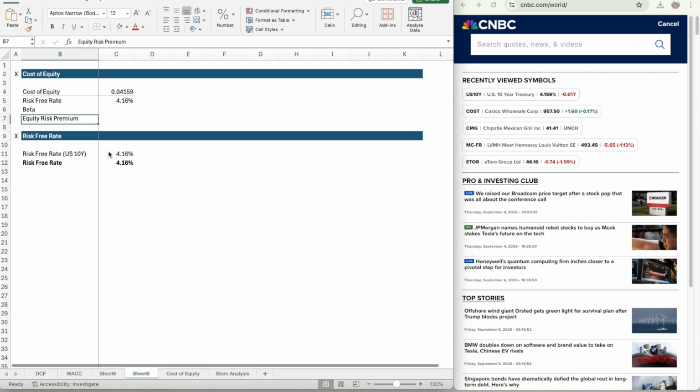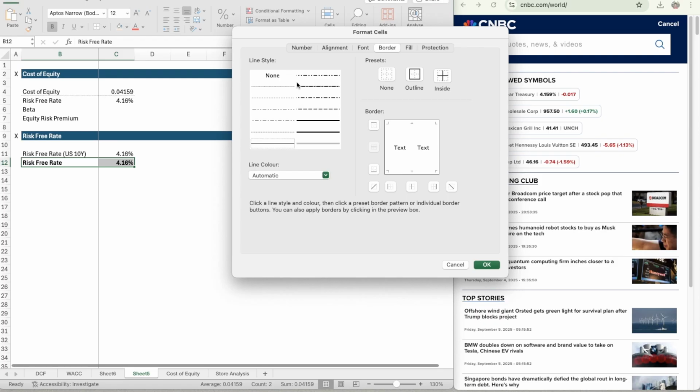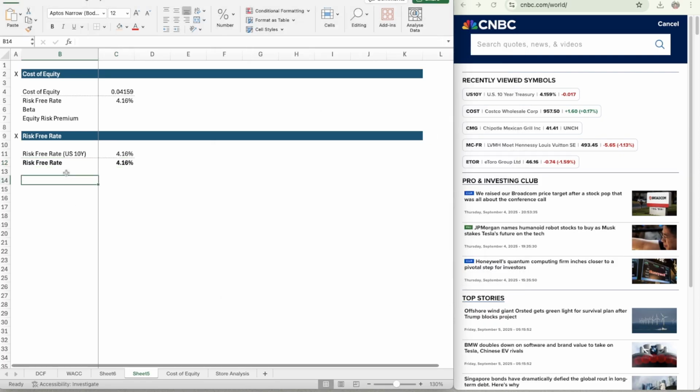And let's put a border there. And that's it, that's the risk-free rate, that's done.